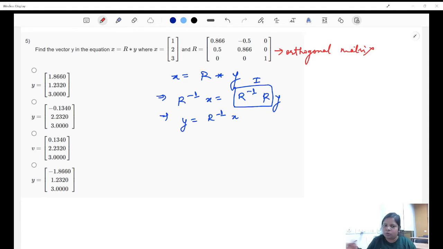We don't need to go through anything, because once we have identified that it is an orthogonal matrix, you can directly write R inverse is equal to R transpose, and it's done. It's that simple. So we can write y is equal to R transpose x. Now the calculation becomes fairly simple.